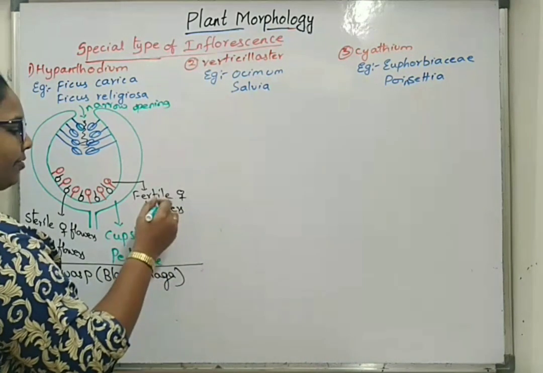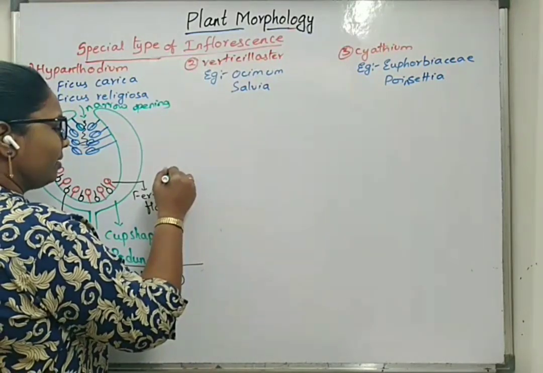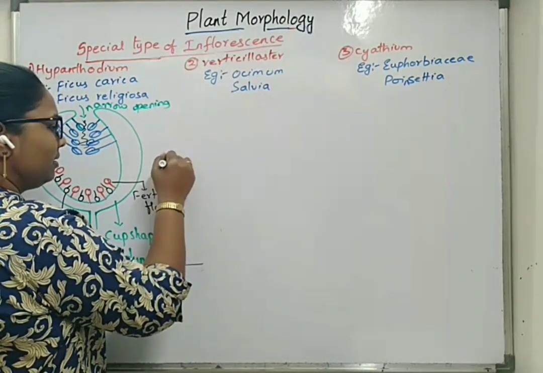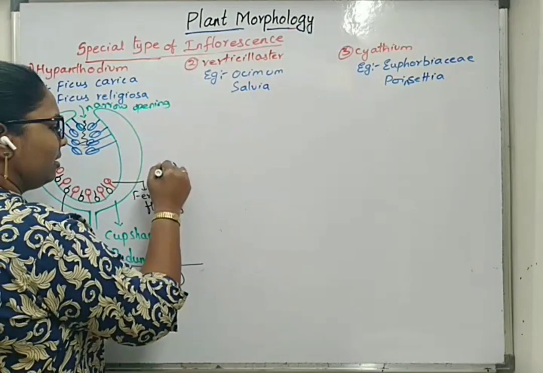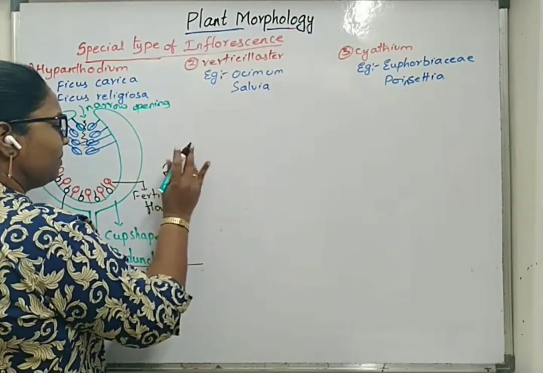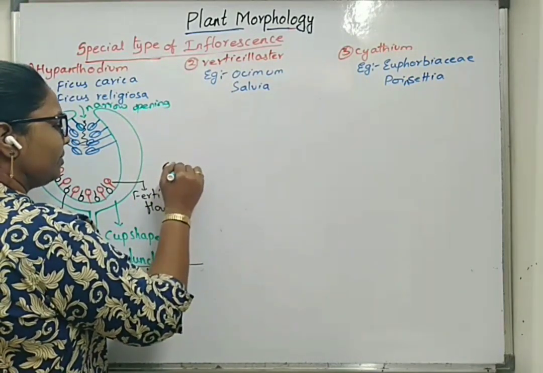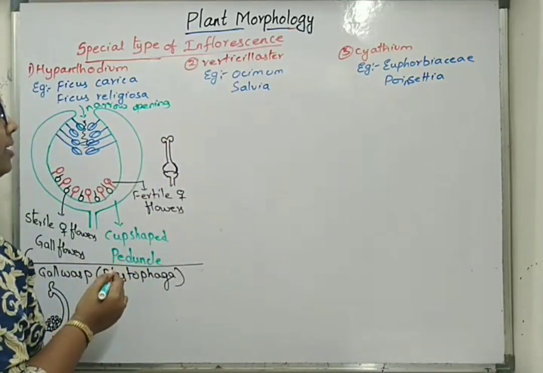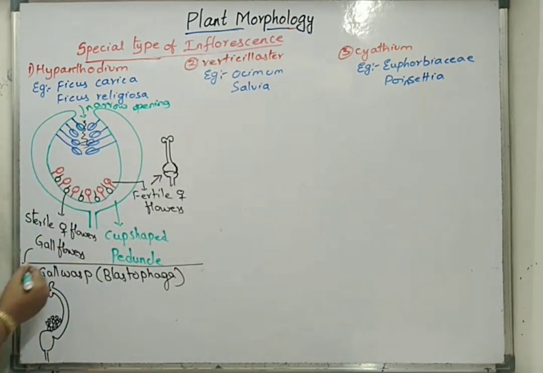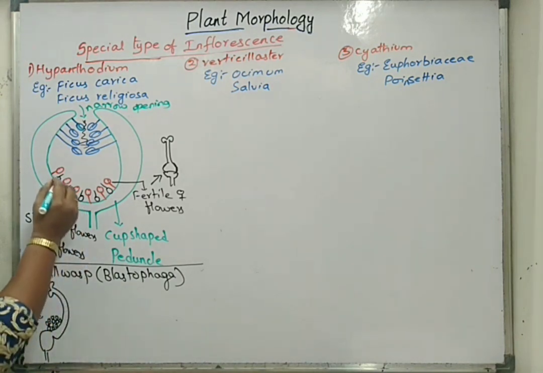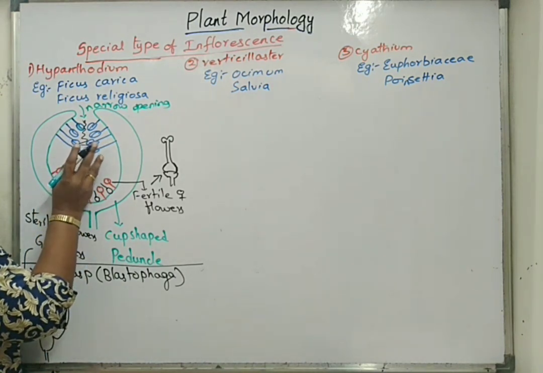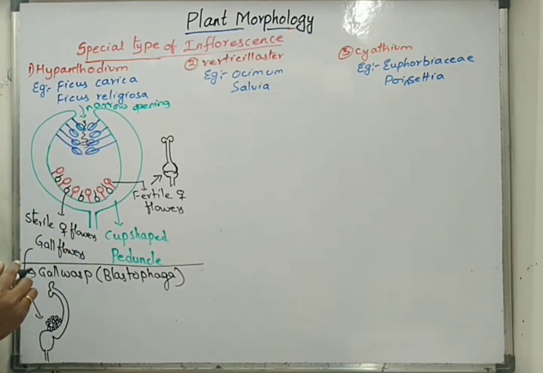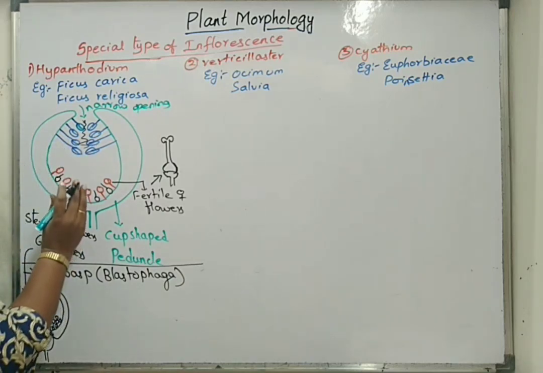In case of fertile female flowers, the pedicel and gynoecium are straight. It doesn't give any place for laying eggs. In case of fertile female flowers, gynoecium is like that. In case of gall flowers, gynoecium is like this. So after fertilization, this inflorescence gets converted into fig, what we call a fruit.